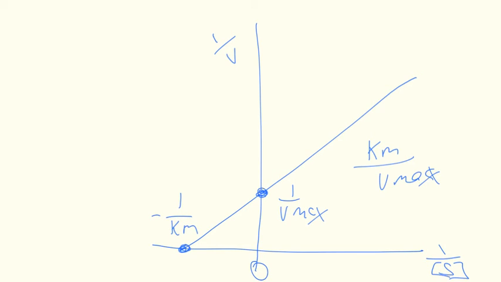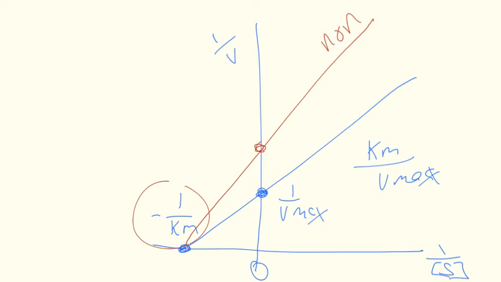Now if you were told that somebody added an inhibitor and it changed the graph to this, you would see that negative 1 over Km has stayed the same, but your Vmax has changed. This would be considered a non-competitive inhibitor.